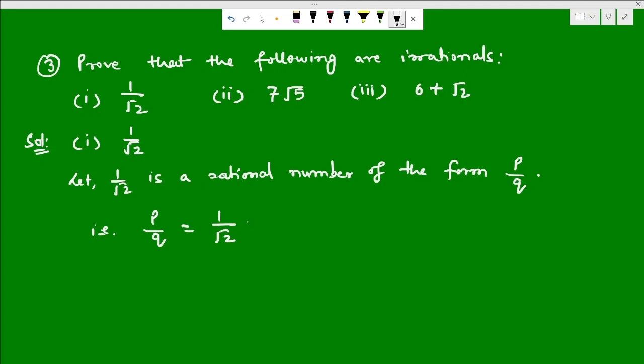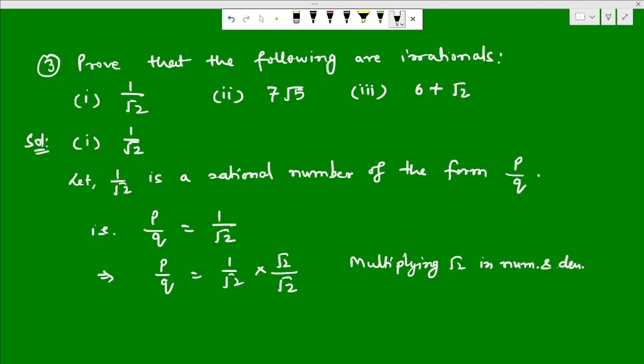Here we can do one thing. For simplicity, you can use the concept which you have studied in class 9th, and let's do this in the next line, not here. Multiply by root 2 upon root 2, multiplying root 2 in numerator and denominator.